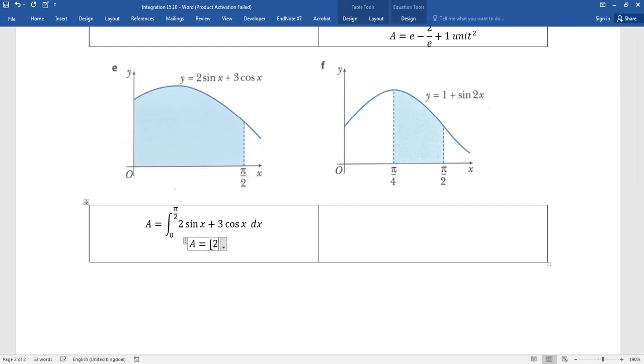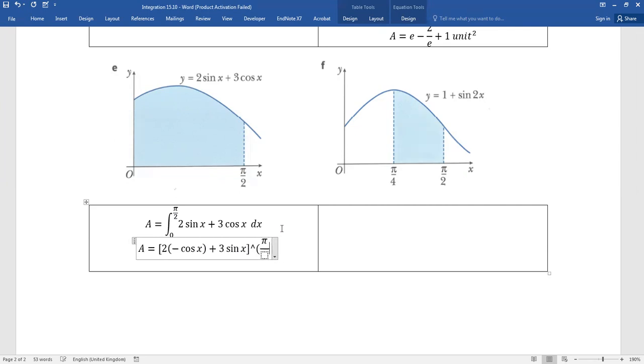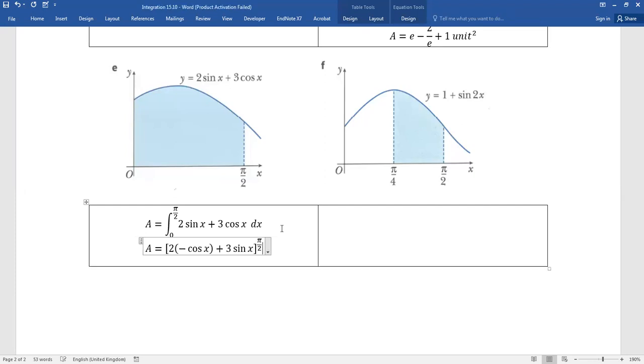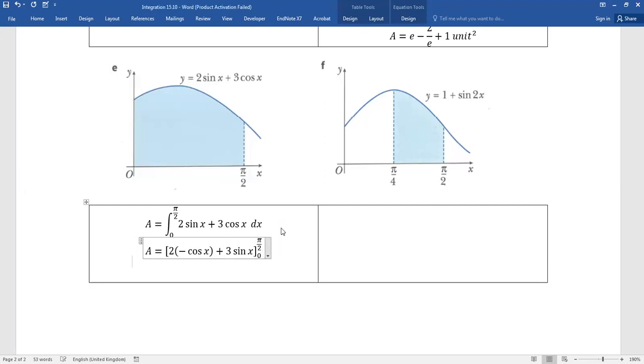Yes, so the integral of sine is negative cos, and the integral of cos is sine. Upper limit is pi upon 2. Lower limit is 0. And a 0 is not always a 0, especially in case of trigonometry and exponential, so be very careful with this.